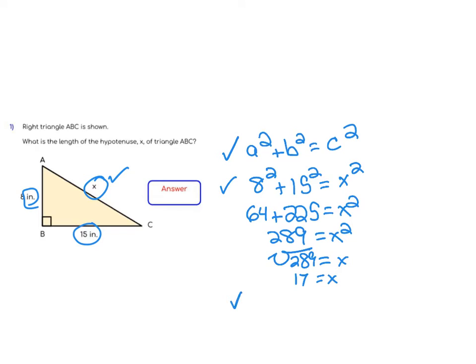Now, for our last check, we just want to check it for reasonableness, because a common mistake is to put 289 as our final answer. That would be incorrect. So let's just check it and see, does 17 look like it's reasonable? Well, if this bottom leg is 15, and this looks a little bit longer, so 17 seems like a good, strong, reasonable answer. So our last check is we're just going to write our final answer. We're going to say x is equal to 17.